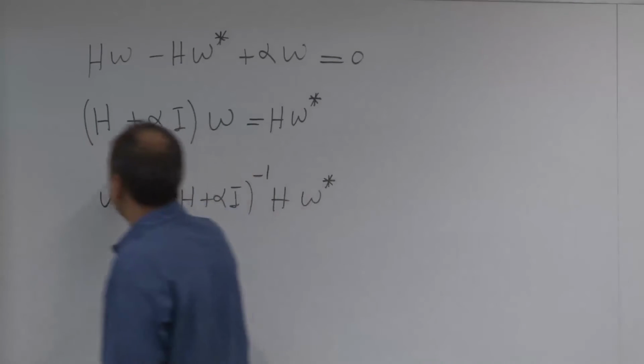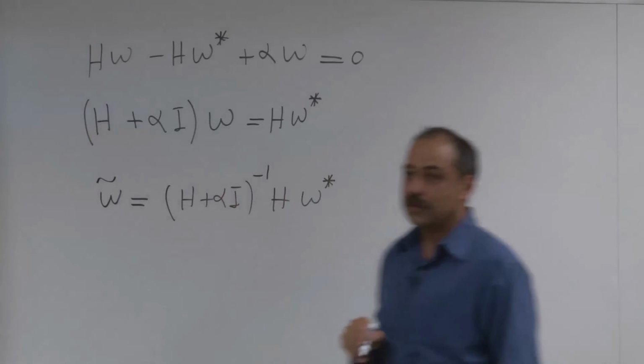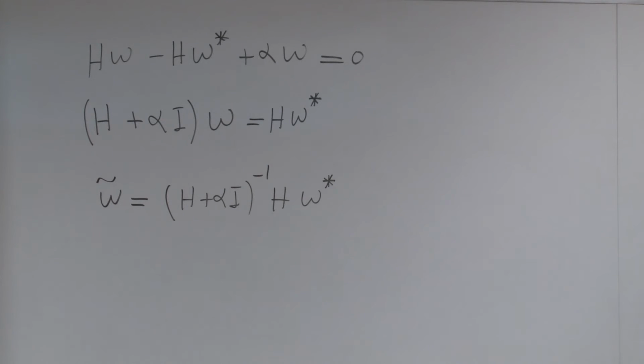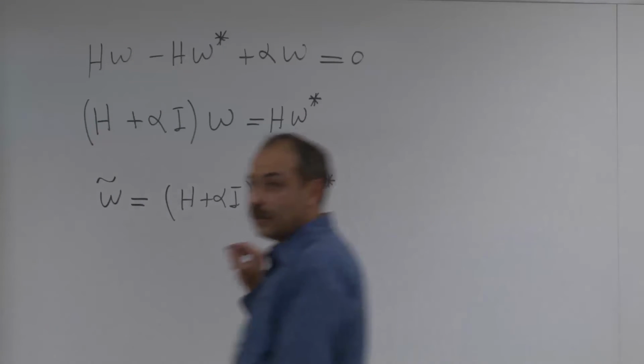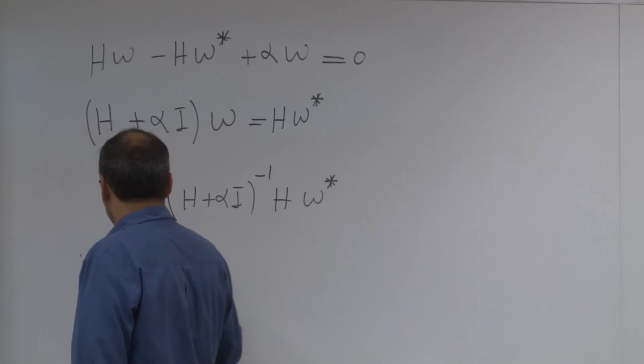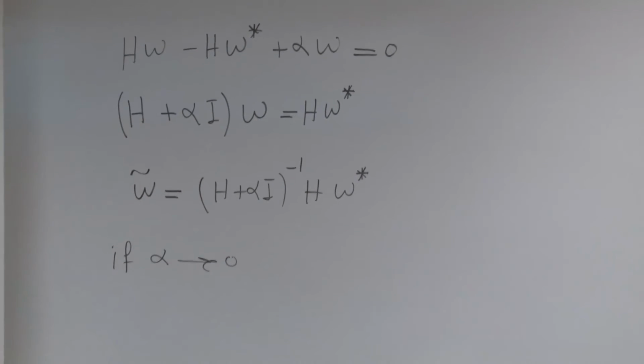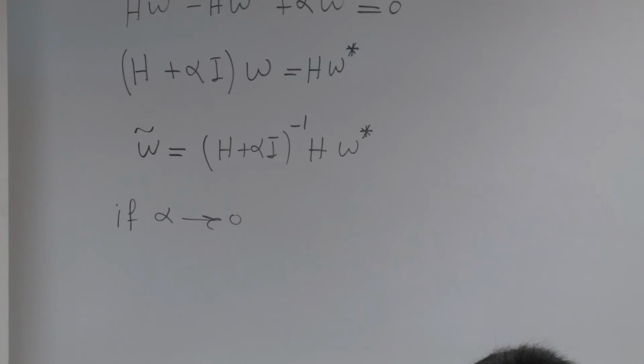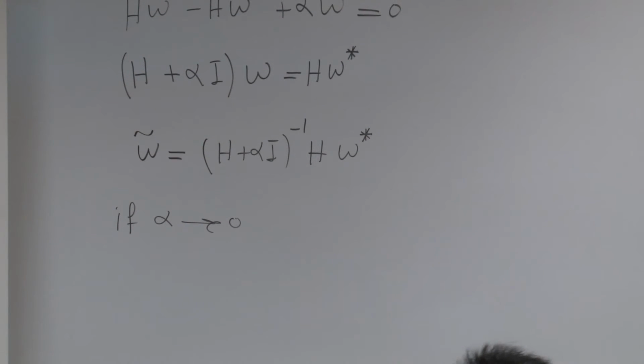Let me call it W tilde. So that's how my solution is going to change after weight decay. But if alpha goes to 0, alpha goes to 0 means that I don't have any weight decay, right?